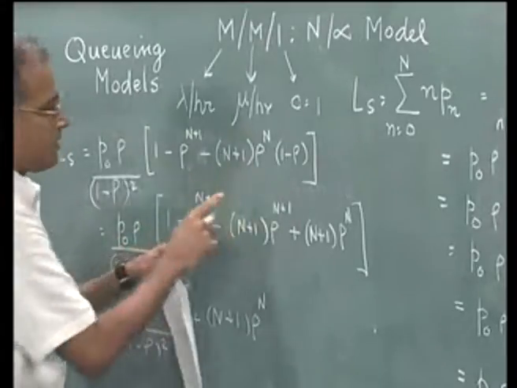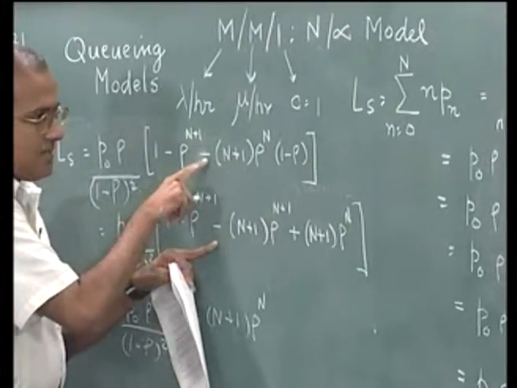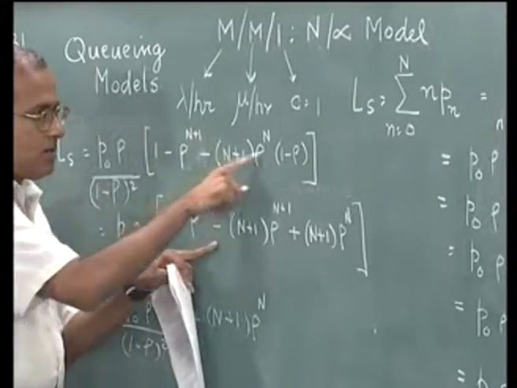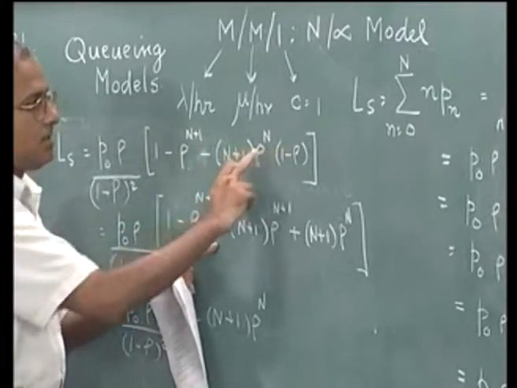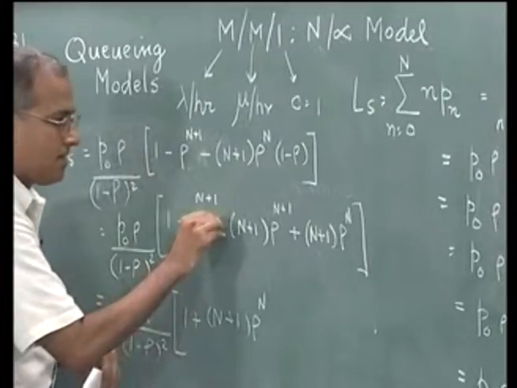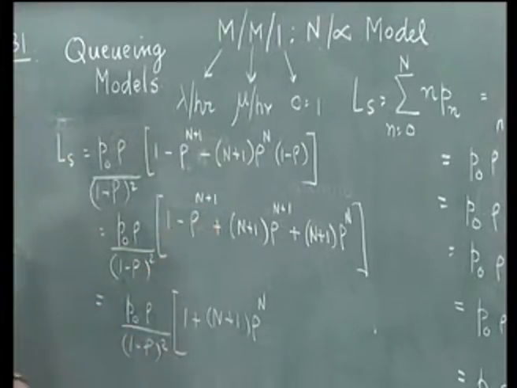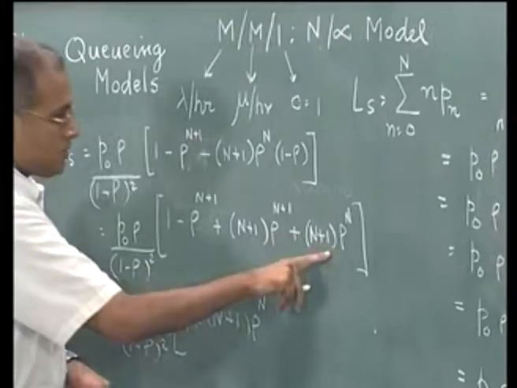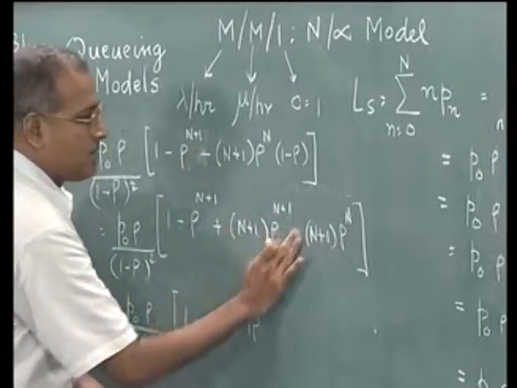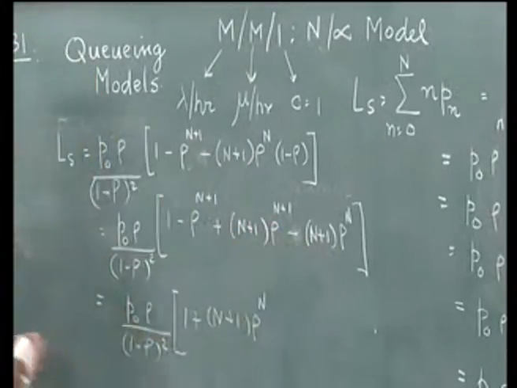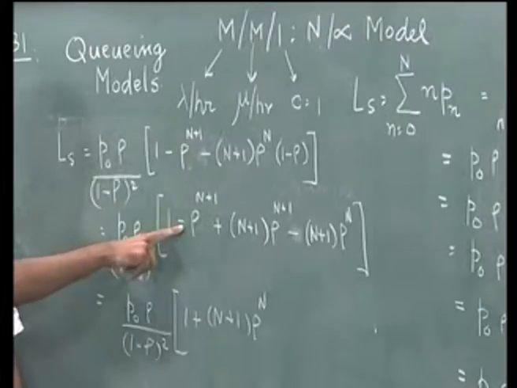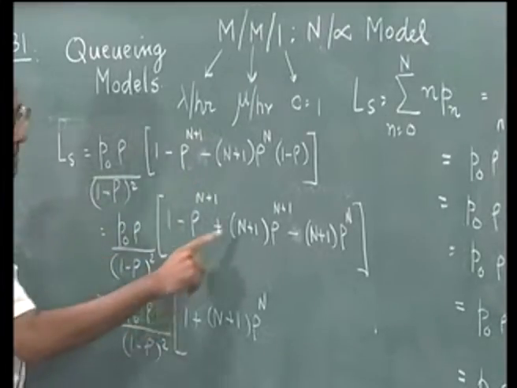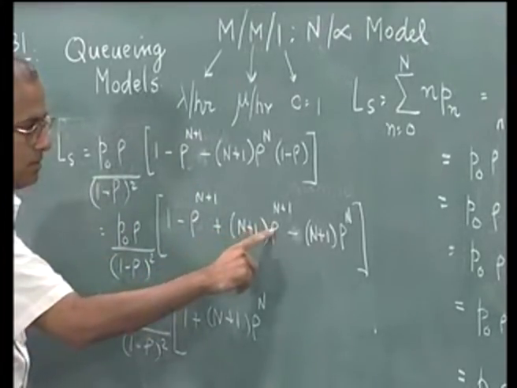Now, I am expanding this. So, there is a minus sign here, n plus 1 rho to the power n into minus rho will become n plus 1 rho to the power n plus 1 with a plus sign here. This one will become minus n plus 1 rho to the power n. So, further I get this is minus rho to the power n plus 1 plus n plus 1 rho to the power n plus 1.